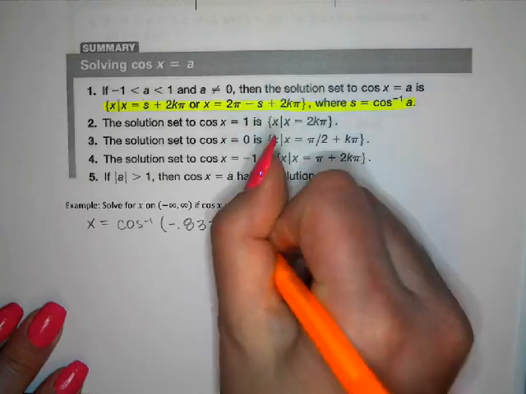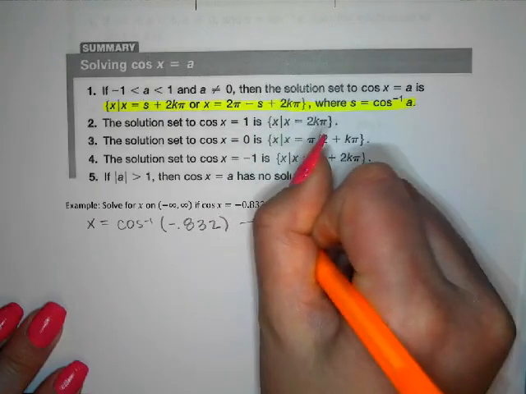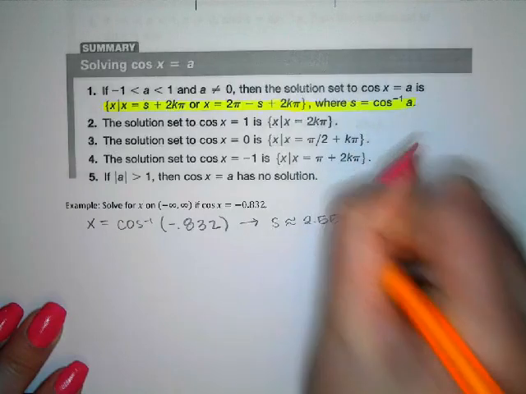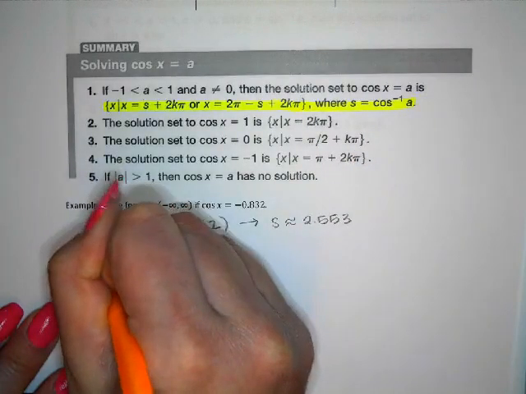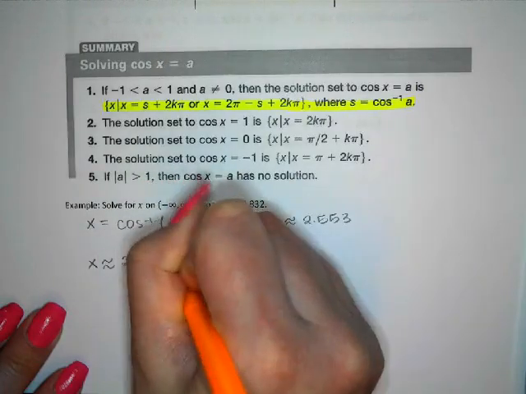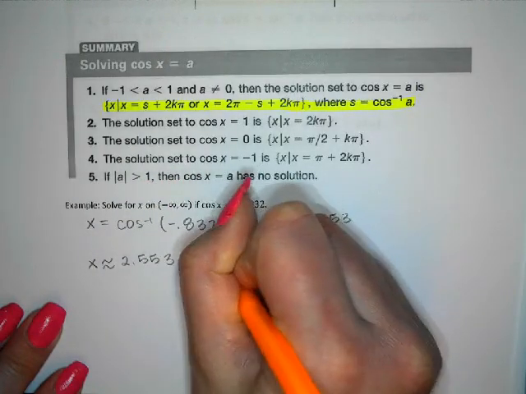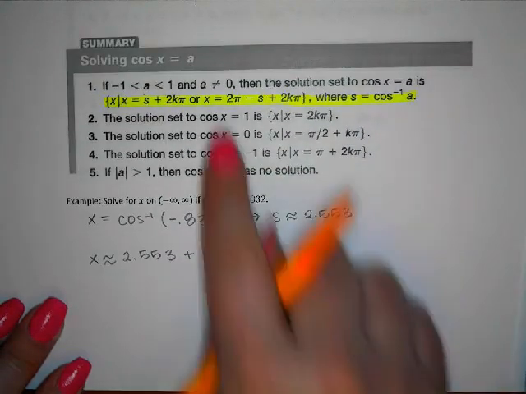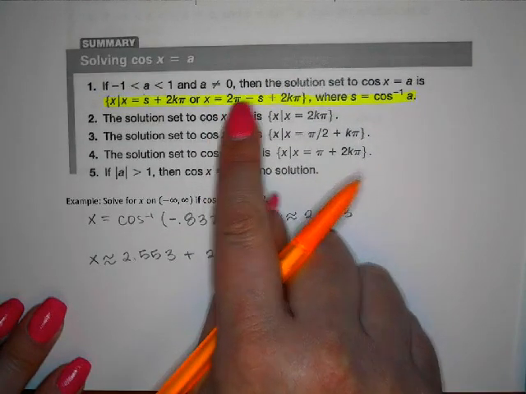So I got S was approximately 2.553. So my first answer is x equals 2.553 plus 2 pi k. That's my first answer. My second answer is 2 pi minus S plus 2 pi k.